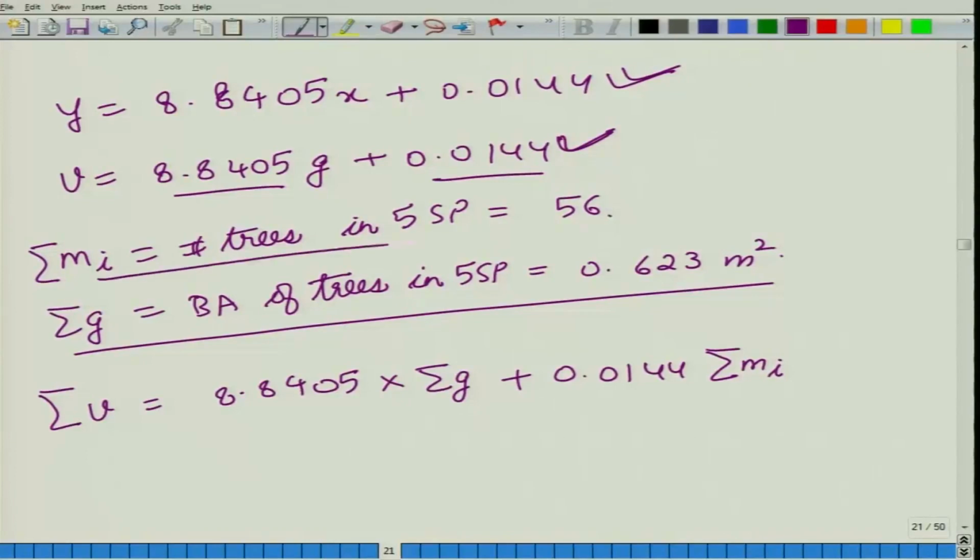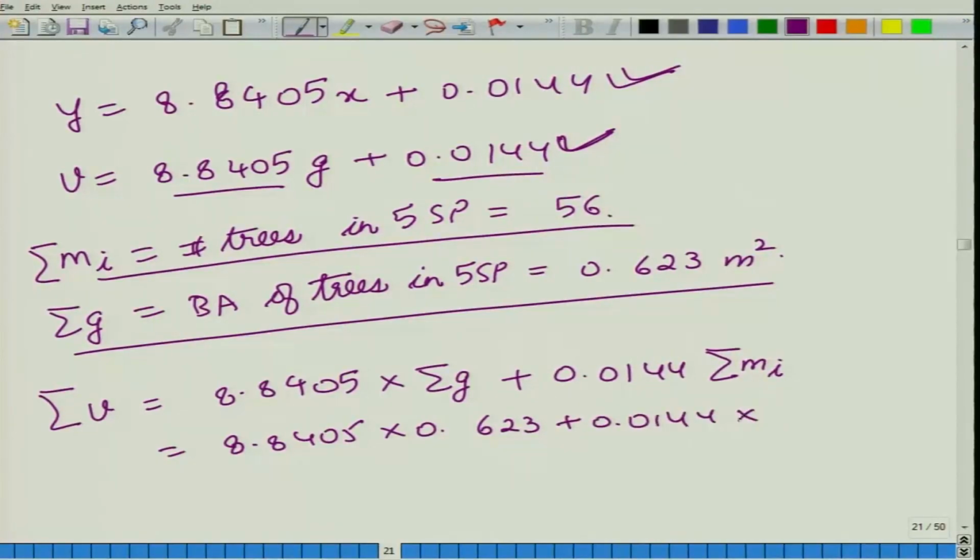So this is the sum of the mi values. So what do we get here? We have 8.8405 into 0.623 plus 0.0144 multiplied by 56.